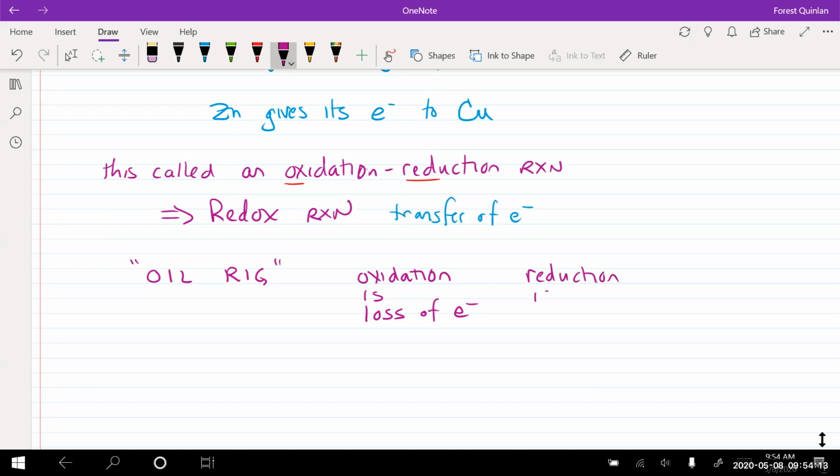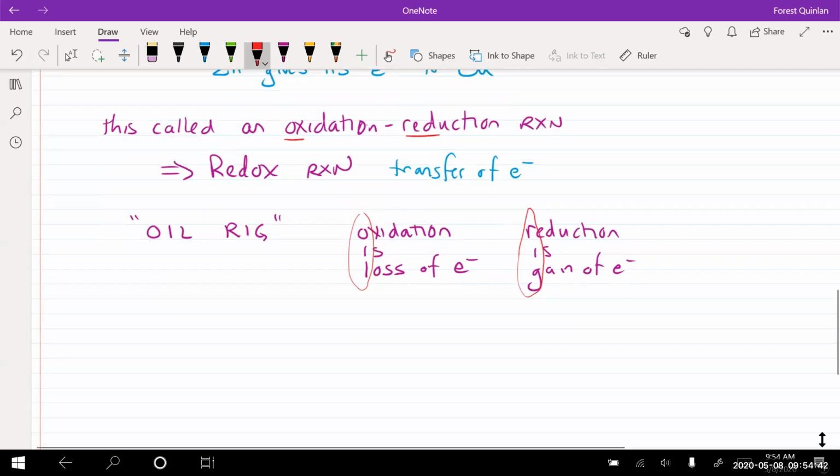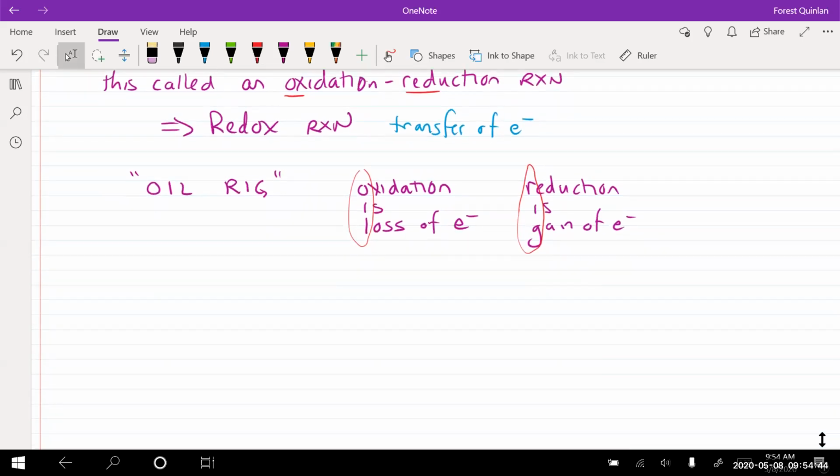The reduction is the gain of electrons. And so you can see the acronym here, OIL RIG. So as we start looking at these reactions, what we want to do is keep in mind who is losing electrons, who's being oxidized, and then who is gaining the electrons, who is being reduced. And we'll be doing a lot of these, so don't fret.